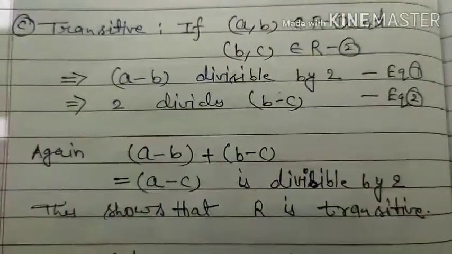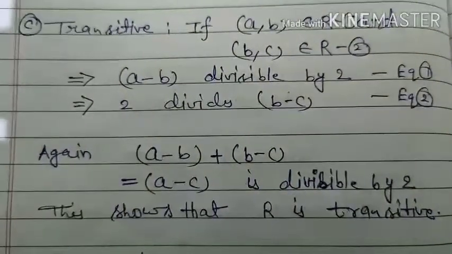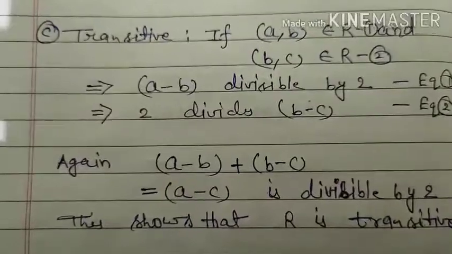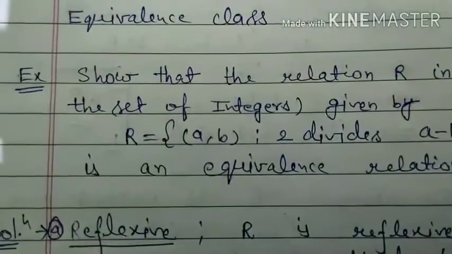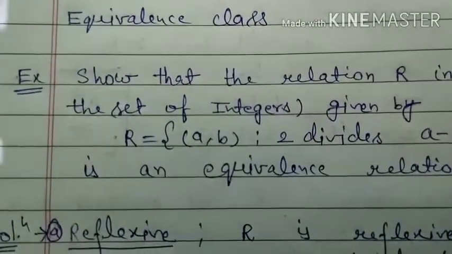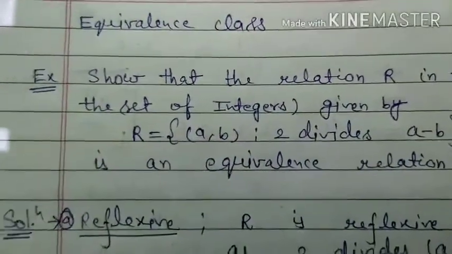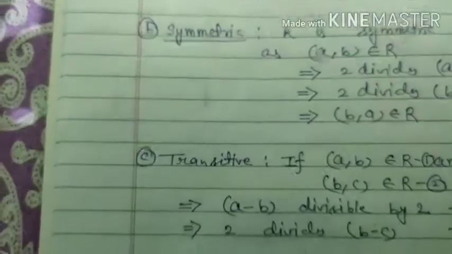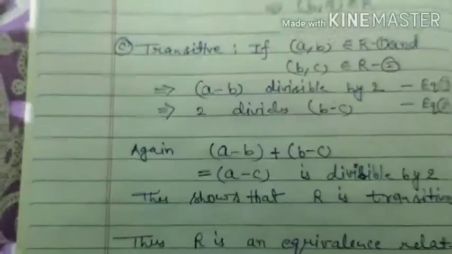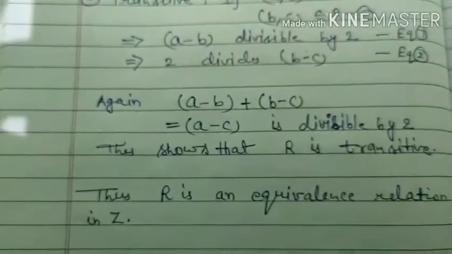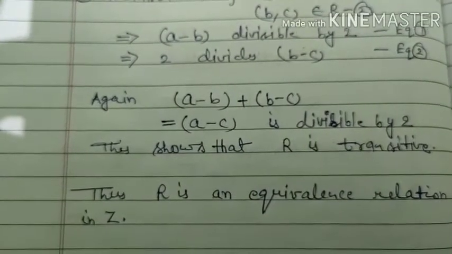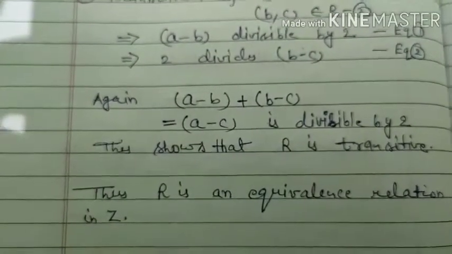This shows that R is transitive. Now we have proved that R = {(a, b): 2 divides a minus b} is reflexive, symmetric and transitive. So this shows that R is an equivalence relation in Z.